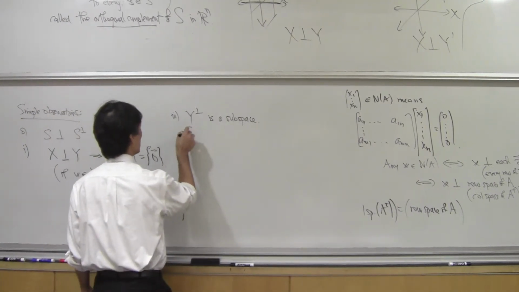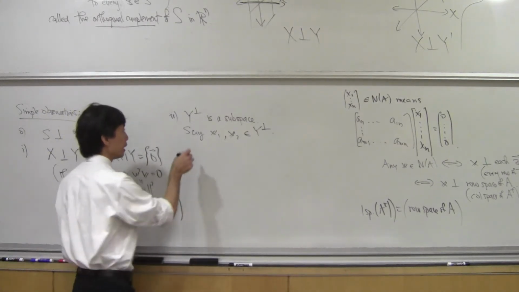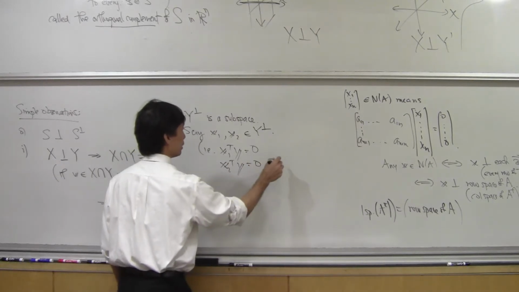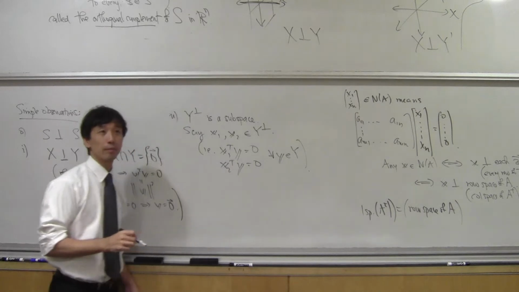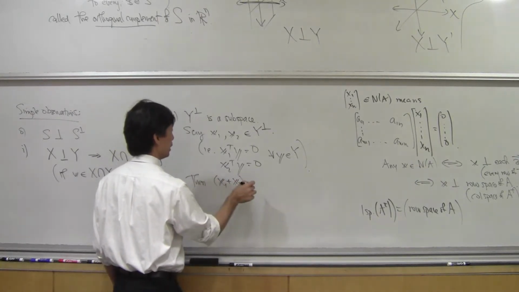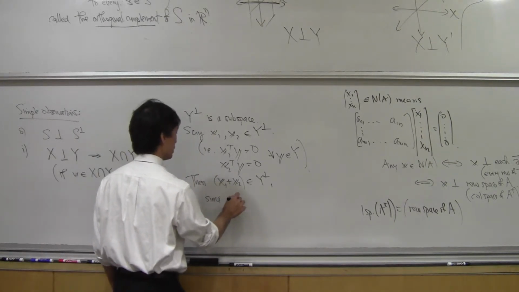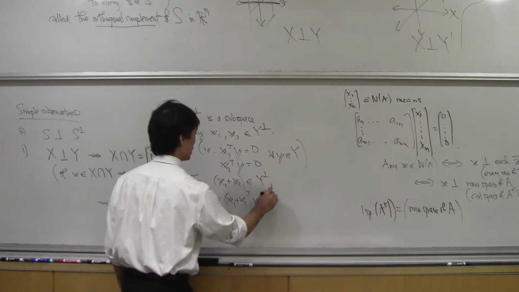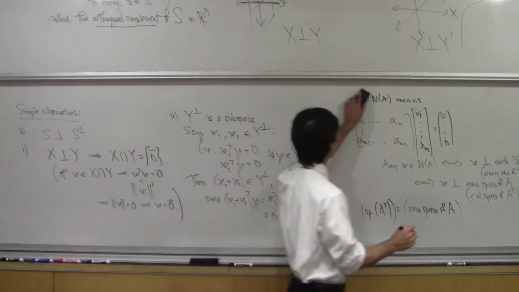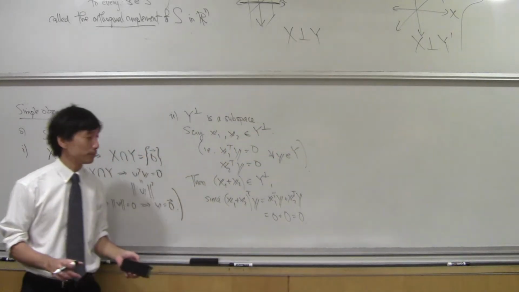Say you have two guys who are both in Y perp, in other words, x1 and x2 are perpendicular to everybody in Y. Then it's pretty clear that x1 plus x2 is still in Y perp, since (x1 plus x2) transpose y is the same thing as x1 transpose y plus x2 transpose y, which is 0 plus 0, which is 0. Straightforward.